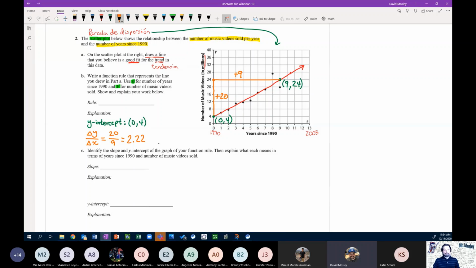9 and 4. Leon, ¿cuál es la 9 y 4? Leon, what's the 9 and 4 used for?